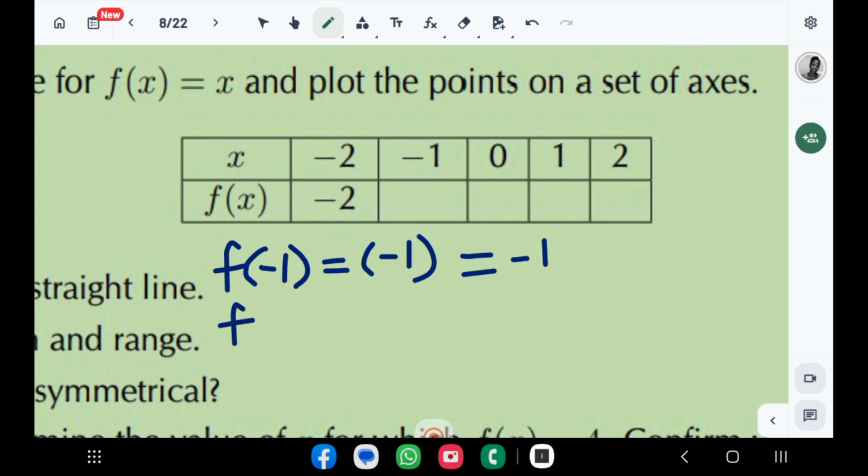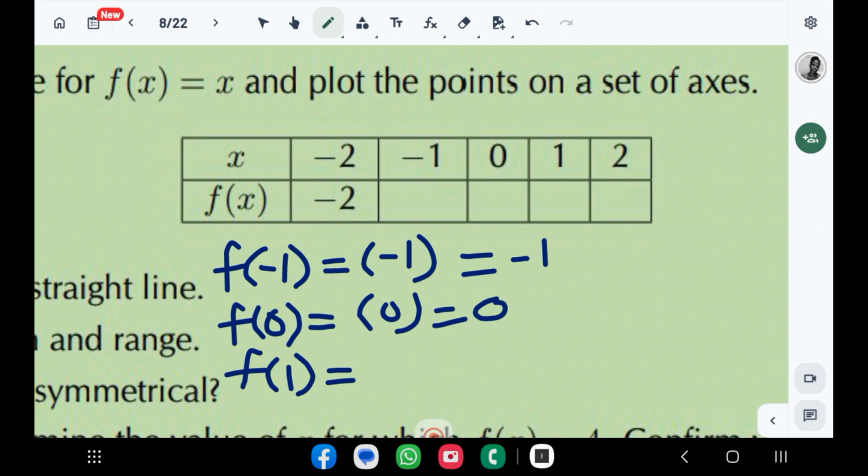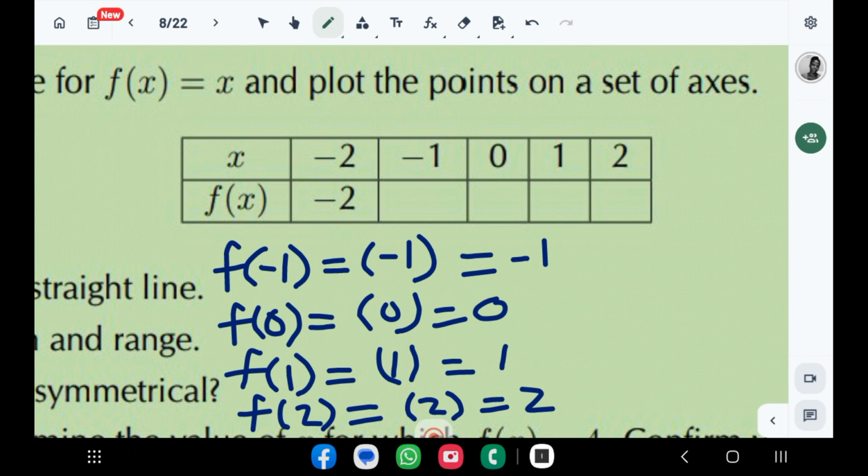At 0, f of 0 equals 0. At 1, f of 1 equals 1. At 2, f of 2 equals 2. So here, let's now complete the table. We've got -1 here, 0 here, 1 over here, and 2 over here. That's how you complete the table.